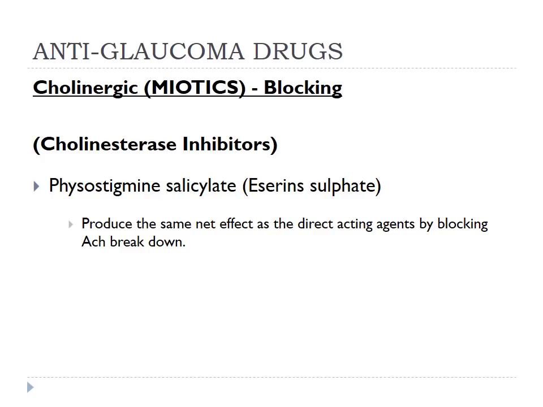ACh, which is one of the major cholinergic neurotransmitters, is released, it gets broken down and removed, and it gets released and broken down and removed, a constant flow like that. If we want more of it, we could stop it from being broken down, and guess what? Same thing happens. The trabecular meshwork expands, and the aqueous humor flows out, and you get the same effect as you did on the previous slide.